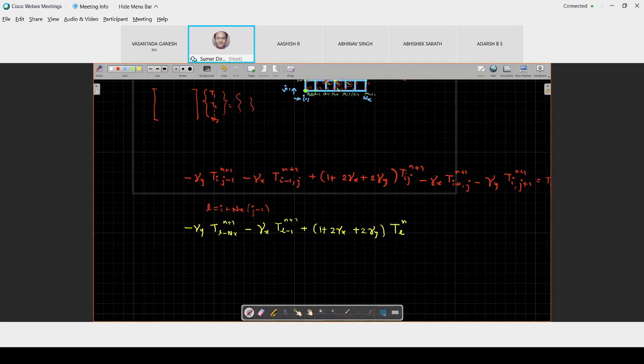This becomes TL, single index. This becomes single index notation, minus gamma x T, that becomes L plus 1, N plus 1, and minus gamma y, that becomes N L plus Nx, T L plus Nx, N plus N. And this T i j n is nothing but T L N. So you can convert this system into the single indexing system, and then you can have T1, T2, T3.